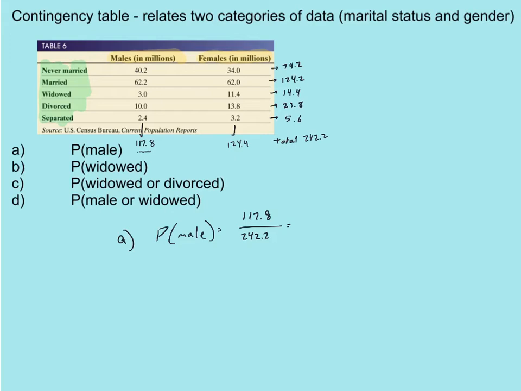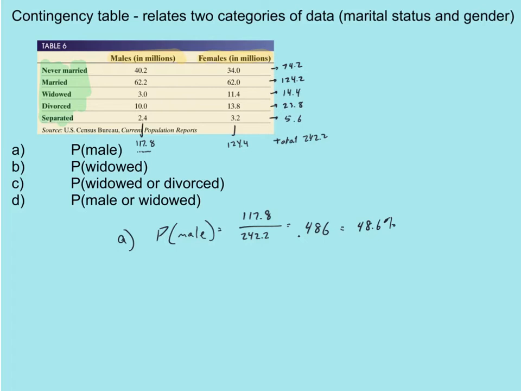All right, and if you check that in your calculator, 117.8 divided by 242.2, I got 0.486, or I could write that in percent form, 48.6%. So there's a 48.6% chance that a male is selected out of this population.